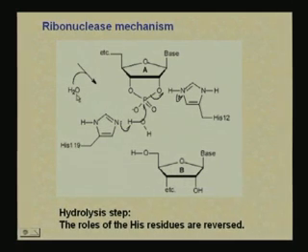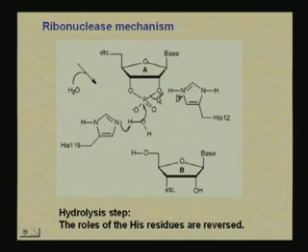We now have a water molecule come in here which is situated here. So, we have HOH. Now, what happens here is histidine 119 now acts as the base. It abstracts a proton from water, creating OH minus that is going to attack the phosphate.